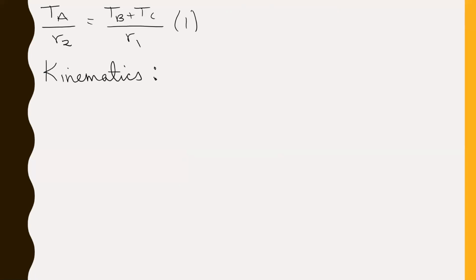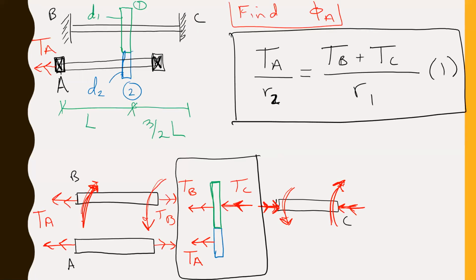So in this particular problem, is there anything that we know in terms of how these shafts are going to rotate? Yes, we do know that the gears, the arc length of the gears will be the same. Is there anything else that we know about the displacements? In particular, look at shaft BC.